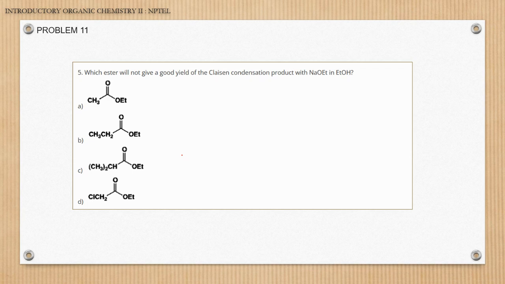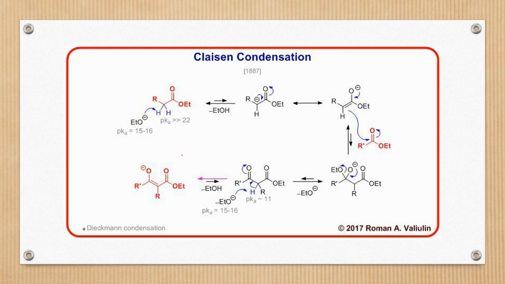In problem number 11, they are asking which ester will not give a good yield of the Claisen condensation product with sodium ethoxide in ethanol. Now you need to know what Claisen condensation is. So this is Claisen condensation. Alpha hydrogen is abstracted by the base, and then an enolate is getting generated. The higher the stability of the enolate, the higher will be the rate of the Claisen condensation.